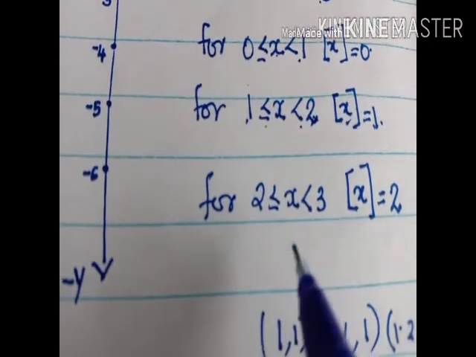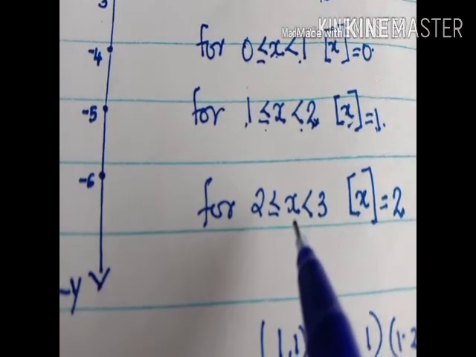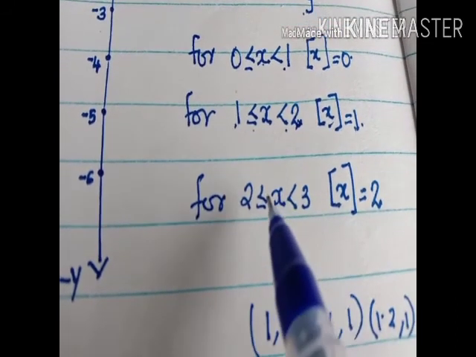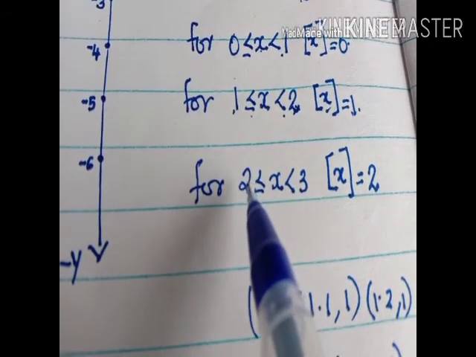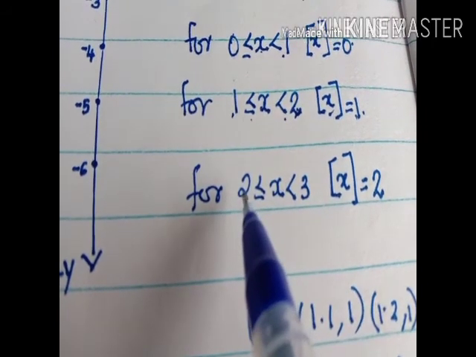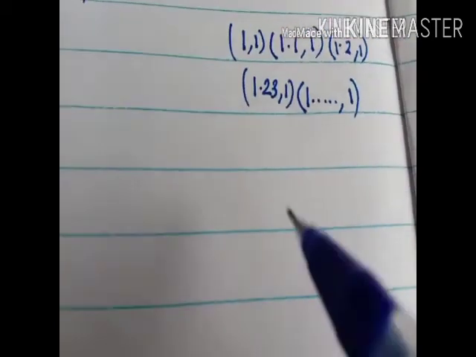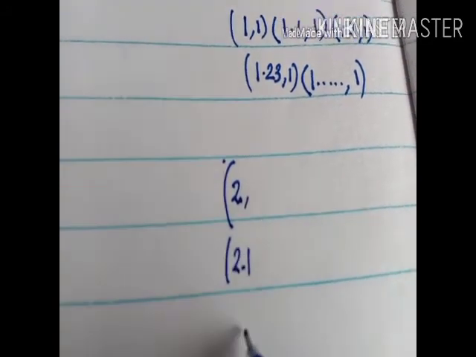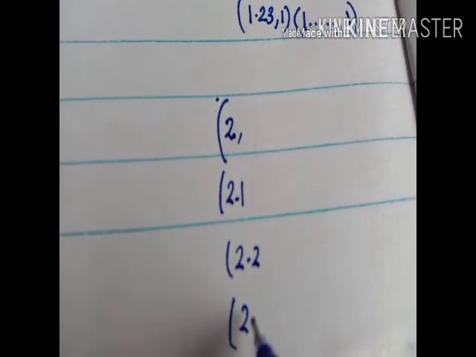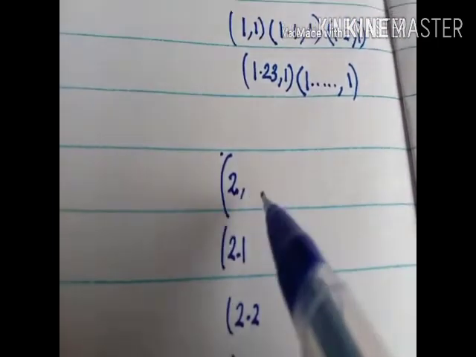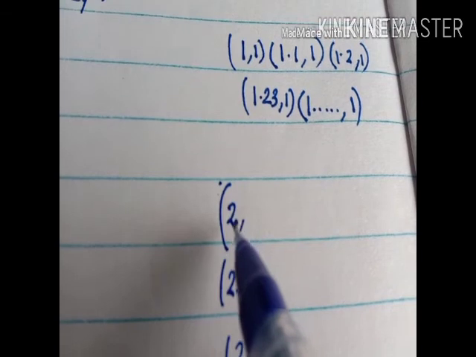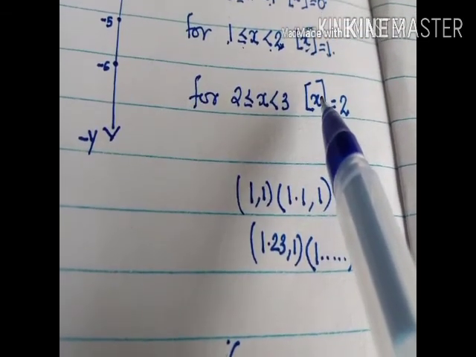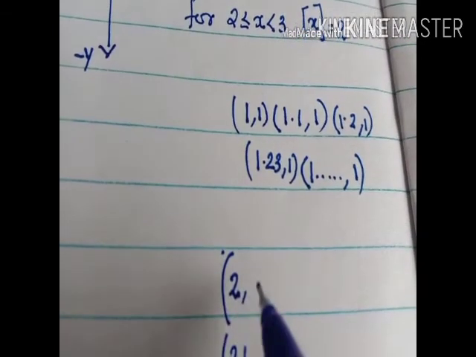Now the next interval, 2 ≤ x < 3, means the value of x lies between 2 and 3, including 2, excluding 3. That means we can take the value 2 or 2.1, 2.2, 2.3, 2.9, etc. When the value of x is 2, the greatest integer function is 2 itself.